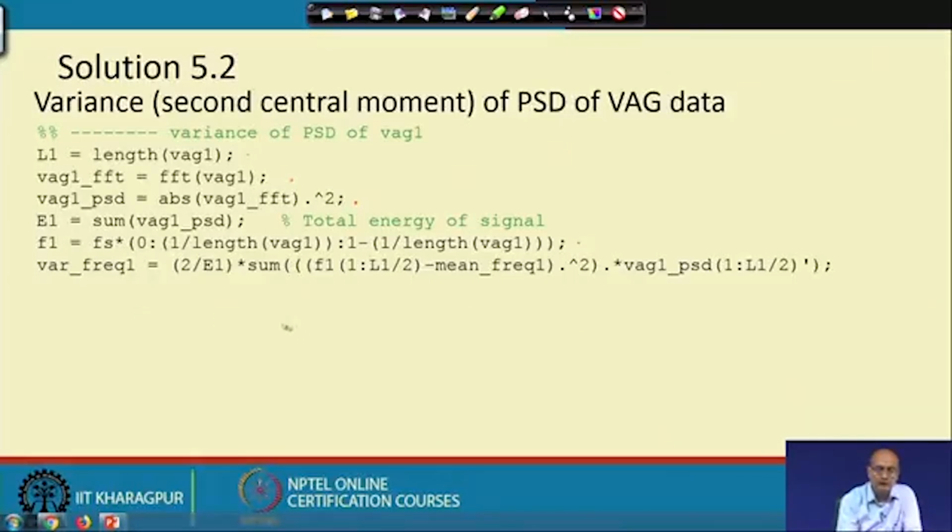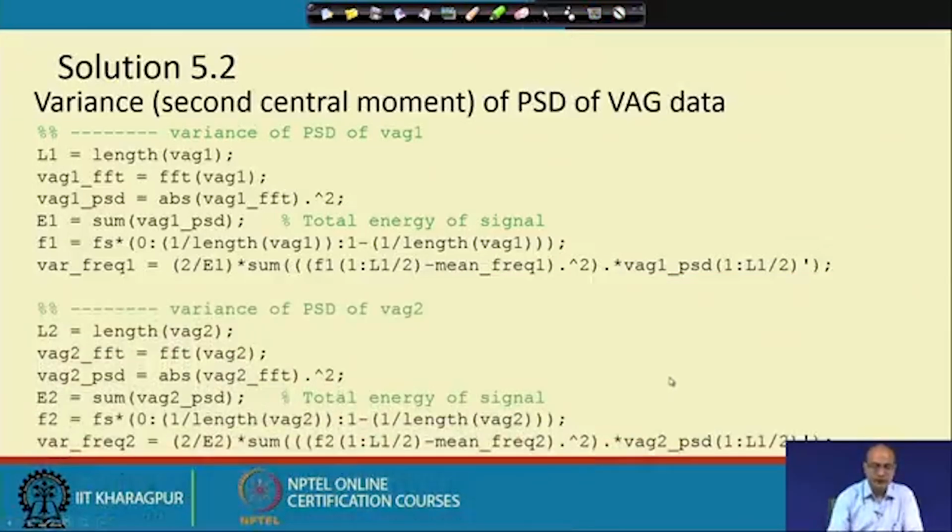Now, for the variance we make use of the mean frequency, we take the difference of the frequency at that point with respect to the mean and take the square of it and point by point multiply with the PSD, and again we are looking into half of the PSD, that is the positive part of it. Okay. So, we repeat the same thing for VAG2 and we get the variance.